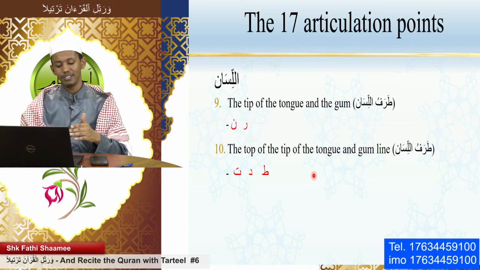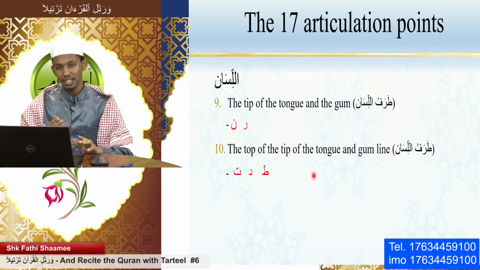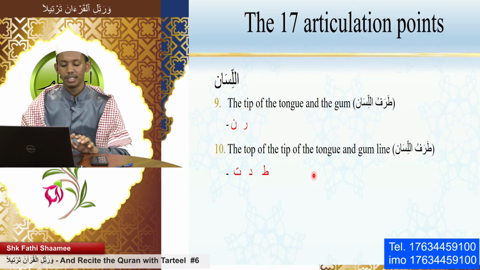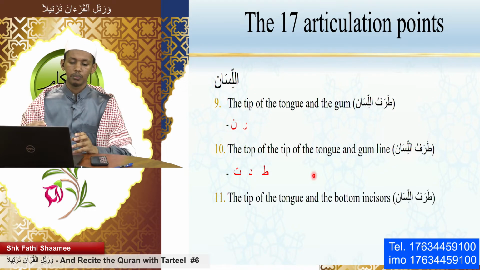So you have the tip and then the top of the tip with the gum line coming together, and we will see with images later on in future sessions, inshallah ta'ala. This is where these letters are articulated from.